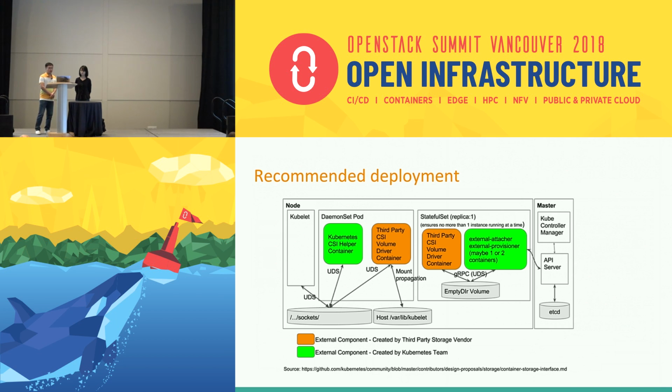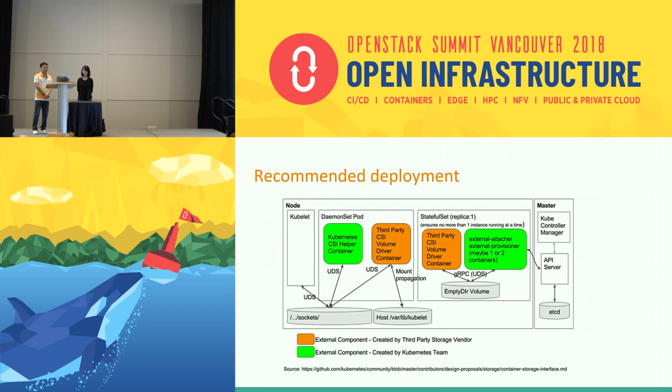First, there are 3 different containers running in this stateful set: external attacher, external provisioner, and the CSI driver. External attacher is used to attach or detach volumes, and the external provisioner is used to dynamically provision volumes. And the CSI driver will start its controller service to help realize these functions.